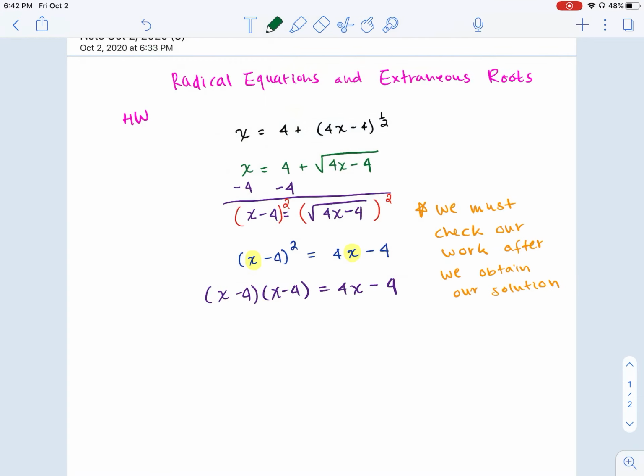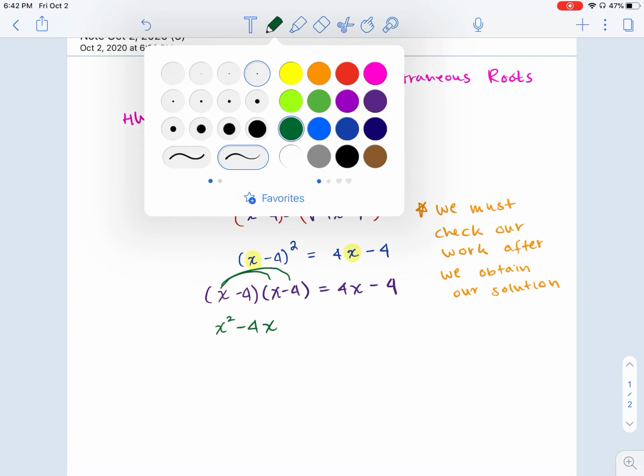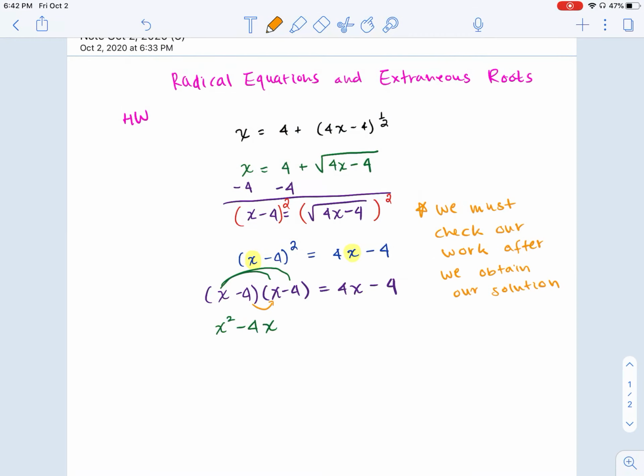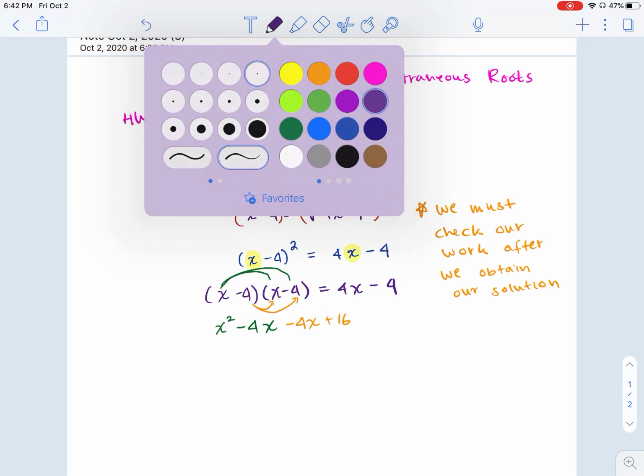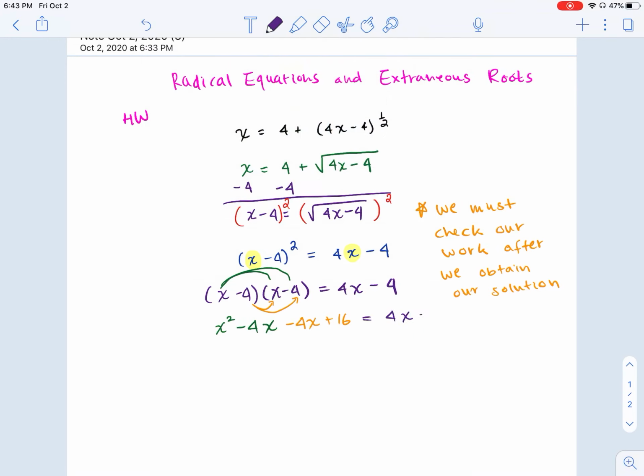Then I can use the distributive property: x squared minus 4x, and then use the distributive property again, negative 4x plus 16 equals 4x minus 4. Combining like terms, it's x squared minus 8x plus 16 equals 4x minus 4.